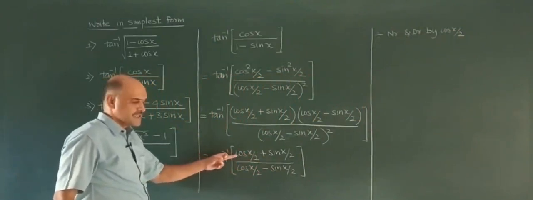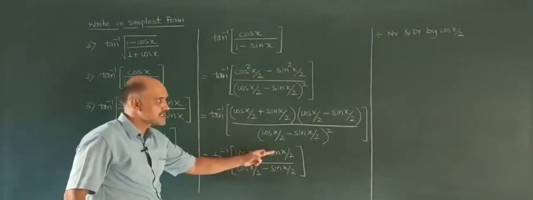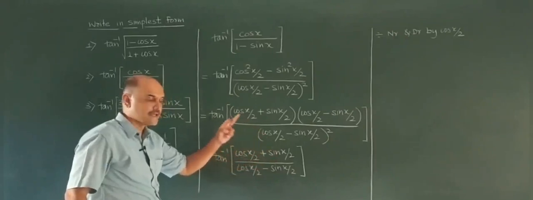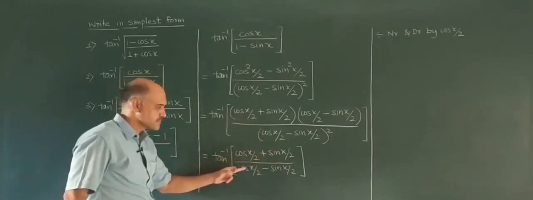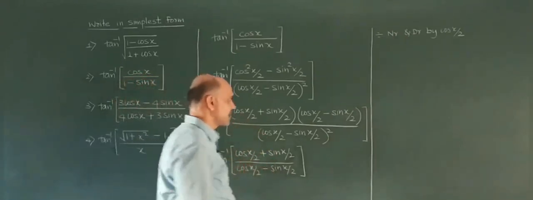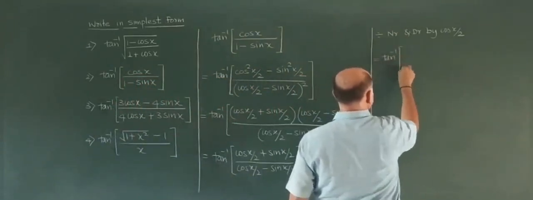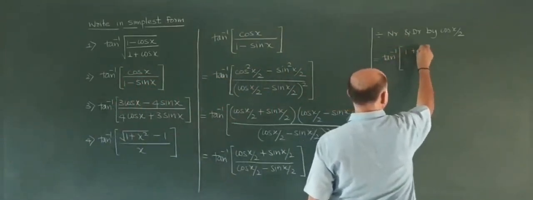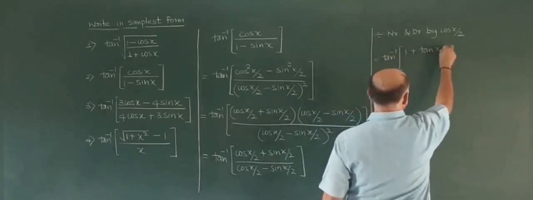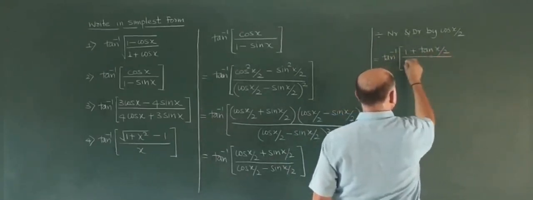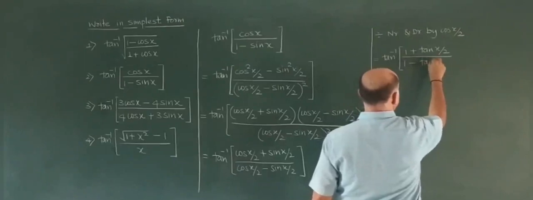So if I divide, it will become 1. Here sin by cos will be tan. Similarly this also becomes 1 and this becomes tan. So I will have tan inverse into bracket 1 plus tan x by 2 divided by 1 minus tan x by 2.